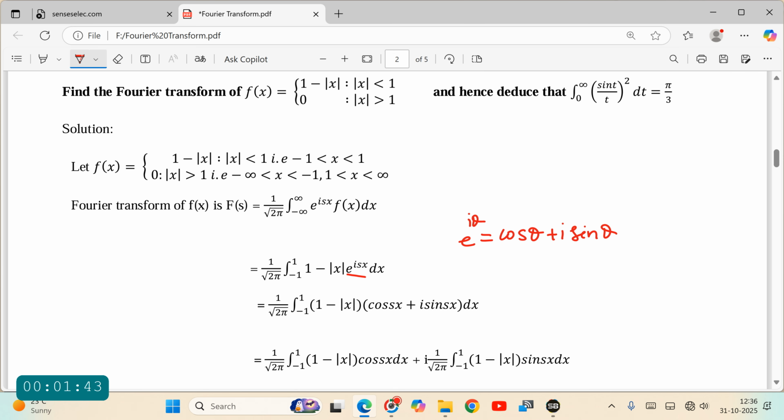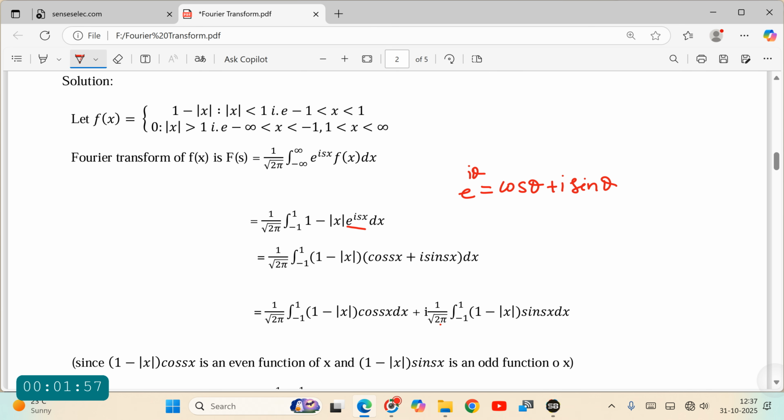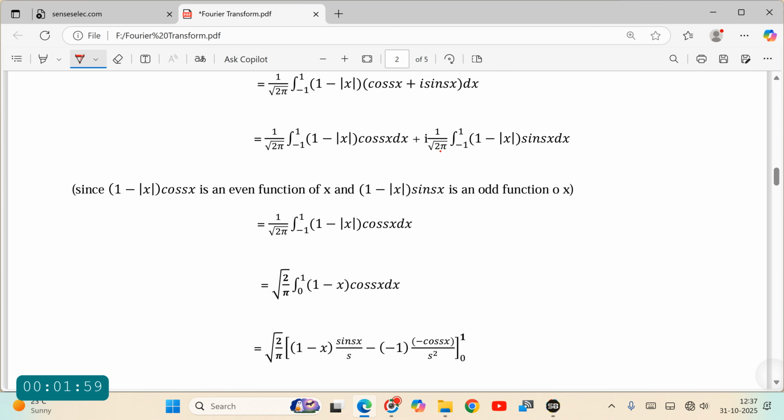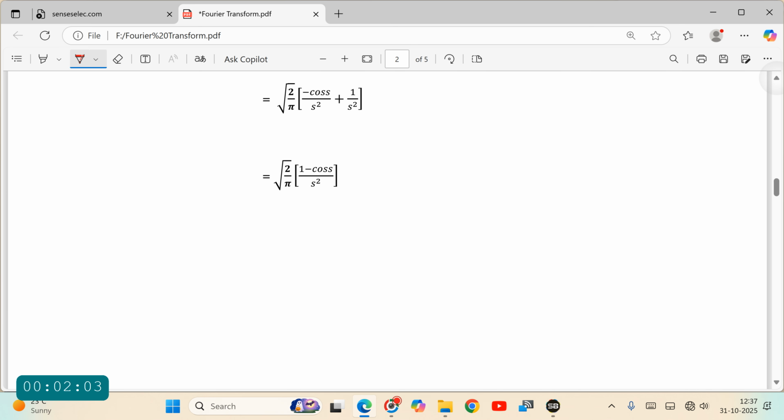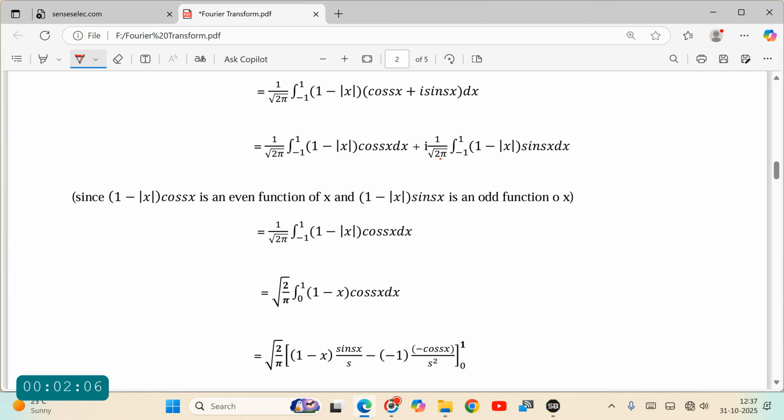So minus 1 to plus 1, 1 minus modulus x into cos sx dx, plus i into the imaginary part of 1 by root 2 pi, minus 1 to plus 1, 1 minus modulus x sin sx dx. Using the condition for odd functions, 1 minus modulus x into sin sx is an odd function, so that answer tends to 0.